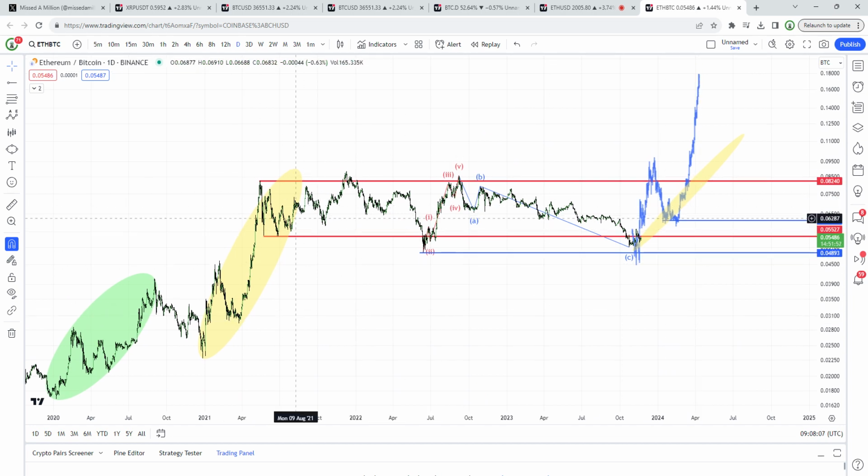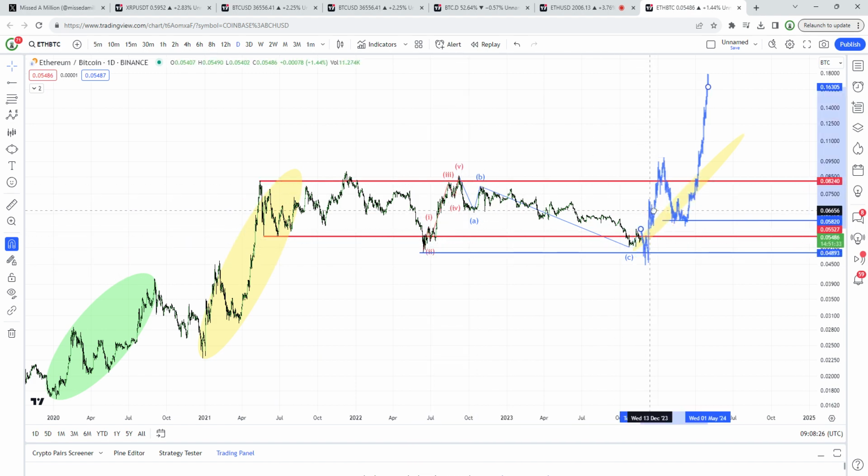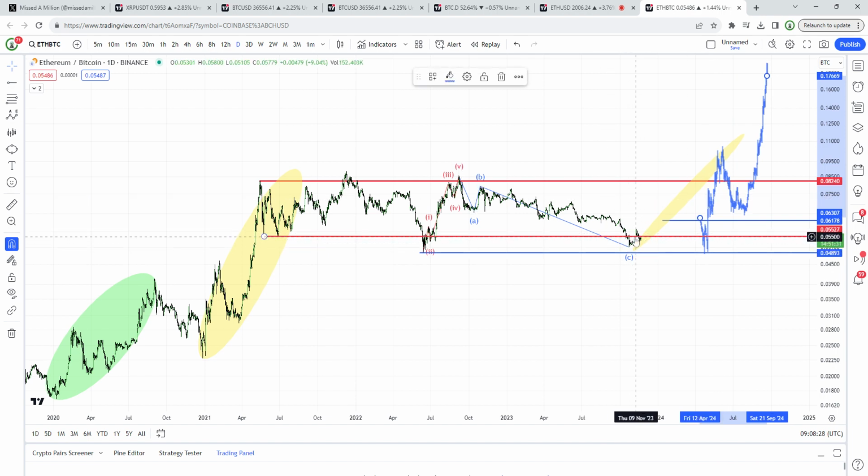What you can see is we've been in this range, with deviations above and below, since May 21. We've had this impulsive move up from the bottom of the range. We came down, cleared out liquidity, had this impulsive move up, and then this ABC correction, which again has come below the range.